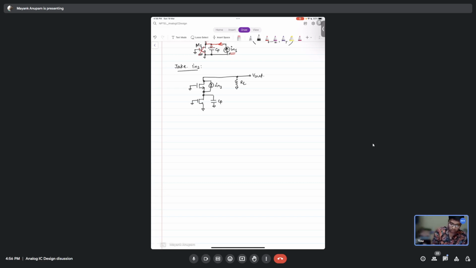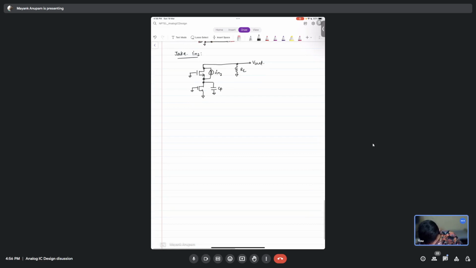Now tell me what will be the contribution of IN2 to RL, and what part of it will flow into RL? First of all, will some part of IN2 flow into RL or not? Yeah, it will. So how much will that current be? Sir, IN2 itself. Are you sure?